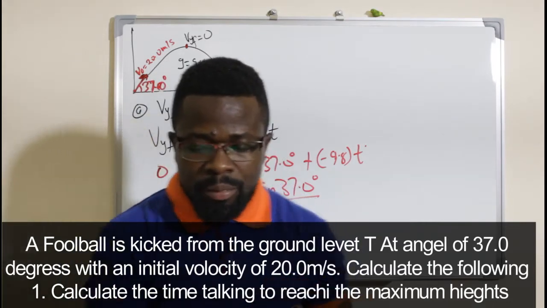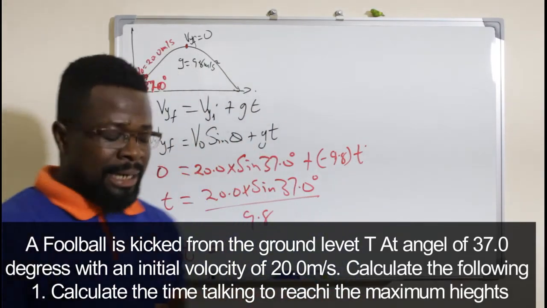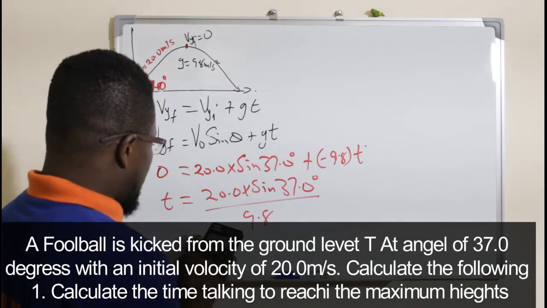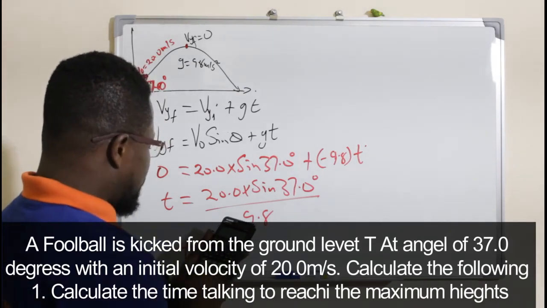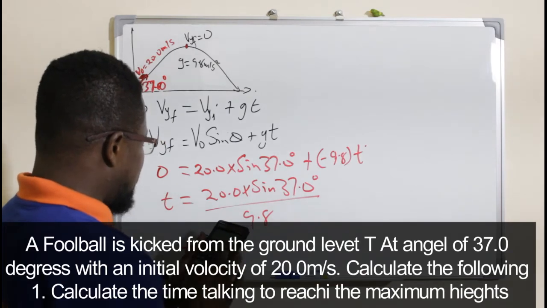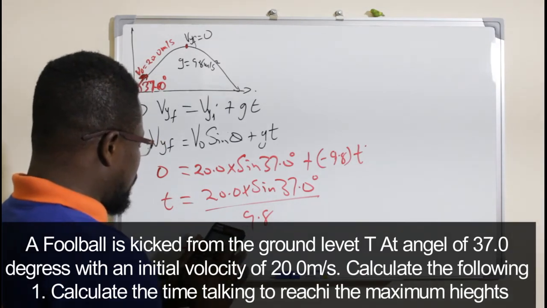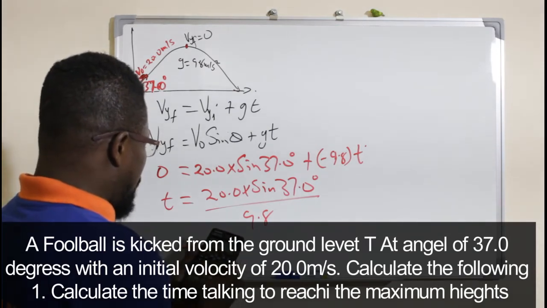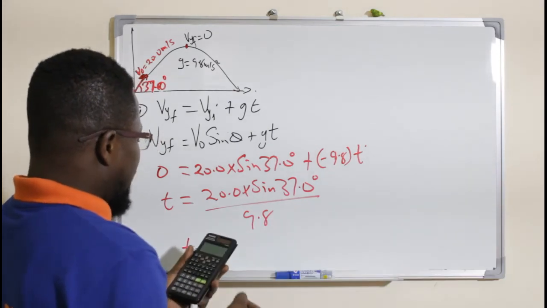Okay, let's take the calculator and see what we're going to have. If I punch this, this is 20.0 multiplied by sine 37.0, and now I am dividing that by 9.8. And what am I getting?